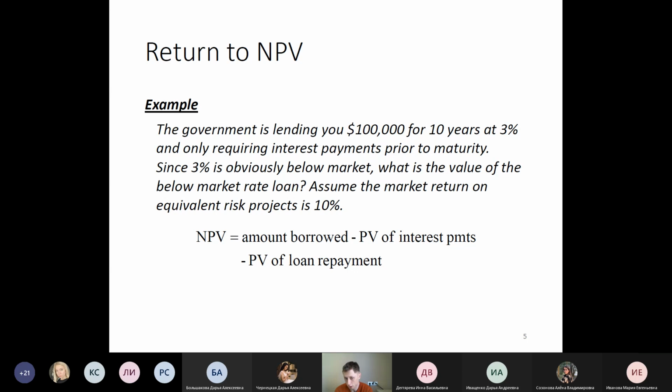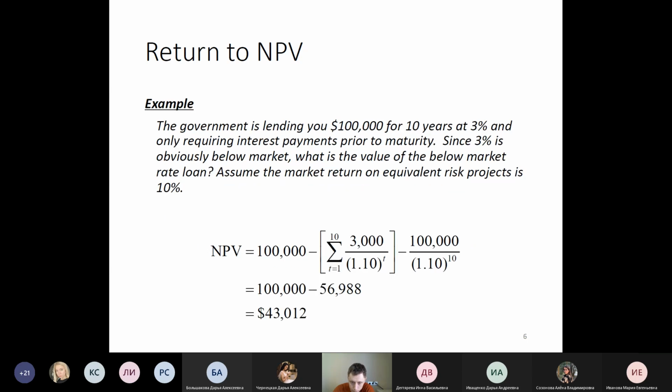So mostly it is easier to illustrate on the debt. When we borrow some money, then we pay it back. And if we somehow borrowed money cheaper than the currently available, then we have an additional net present value from the financing decision.